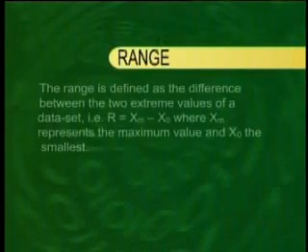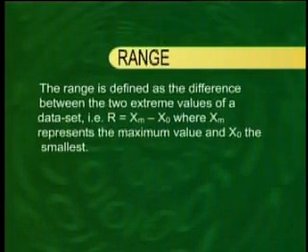Okay. Let us now begin the discussion of the various measures of dispersion one by one. I start with the simplest, and that is the range. The range is defined as the difference between the two extreme values of a data set, that is, R is equal to xm minus x naught, where xm represents the maximum value and x naught the smallest.